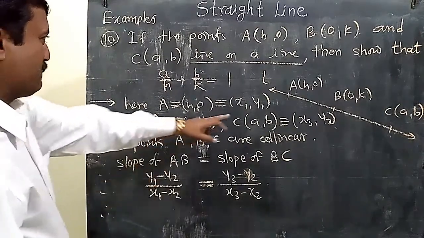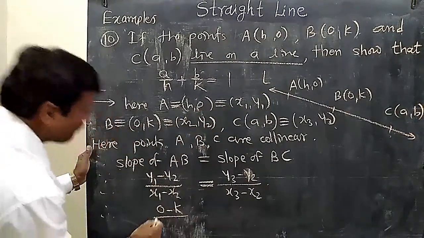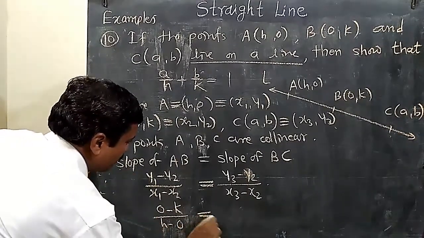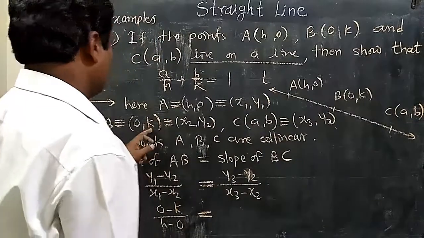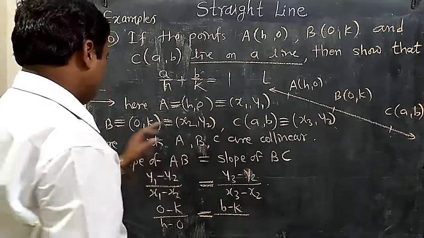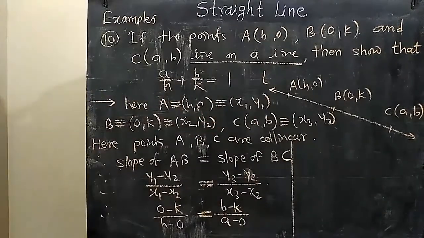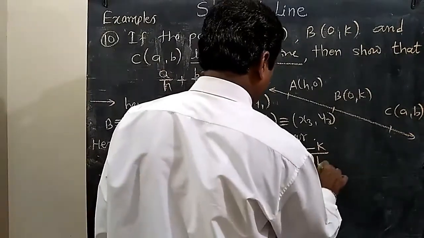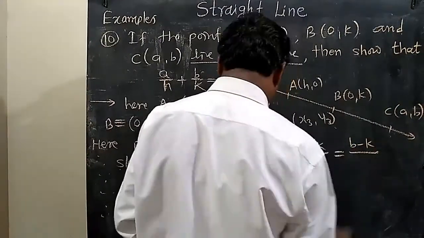We get y1 minus y2, that is y1 is 0 and y2 is k, so 0 minus k upon h minus 0, and is equal to y3 minus y2, where y3 is b and y2 is k, so b minus k upon a minus 0. This gives us minus k upon h, and to the right we get b minus k upon a.